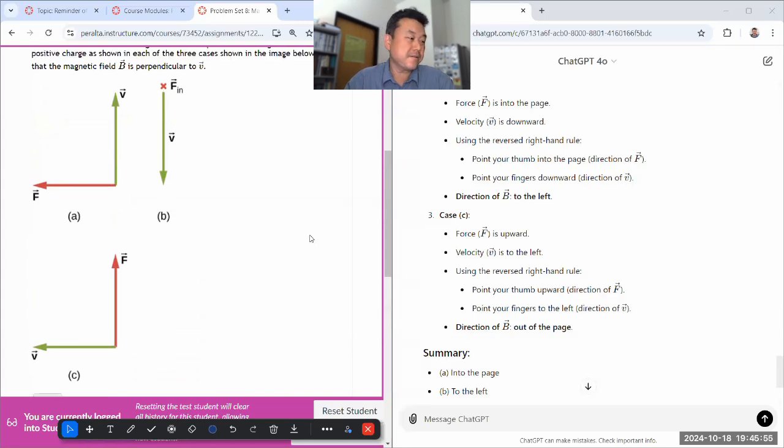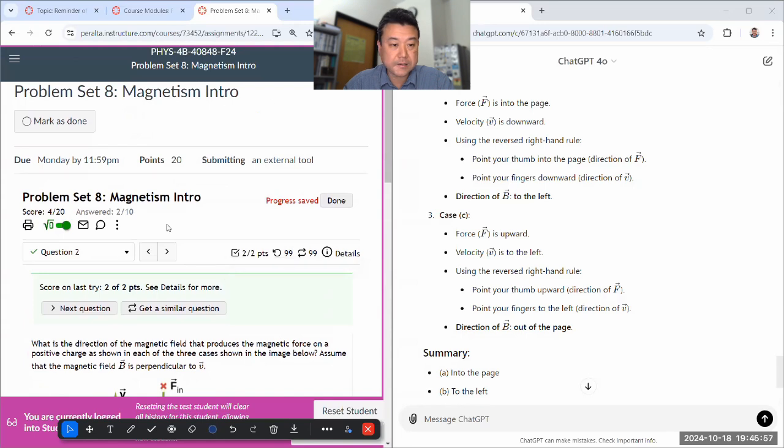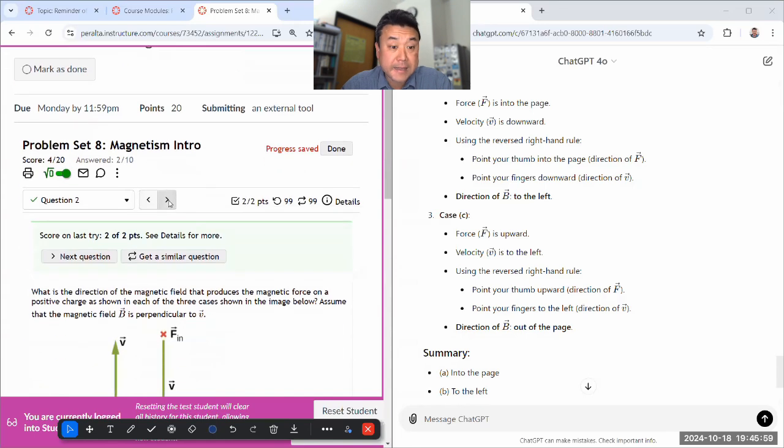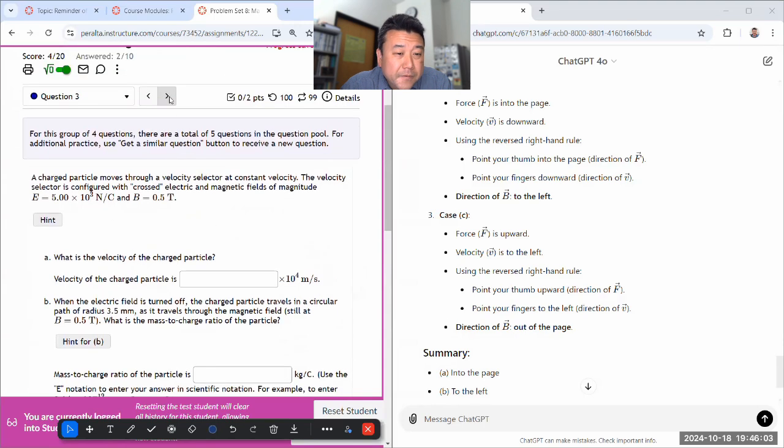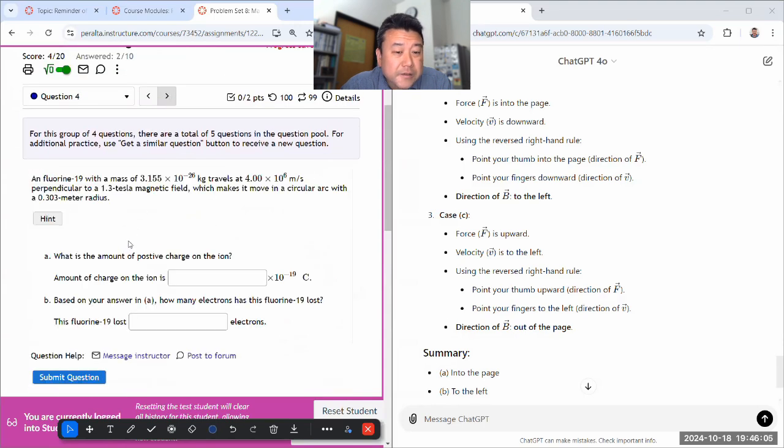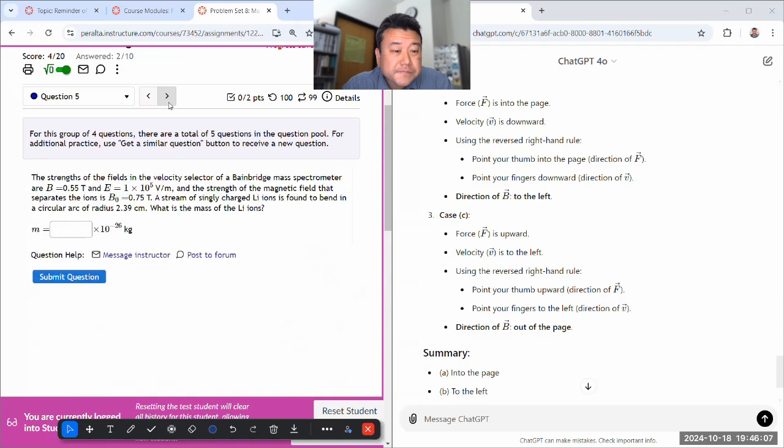All right. So okay, we got 15 minutes. Let's find some questions that are substantive and worth doing. Velocity selector could be good. This can be good.